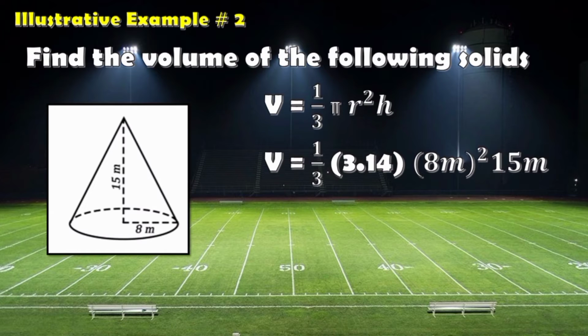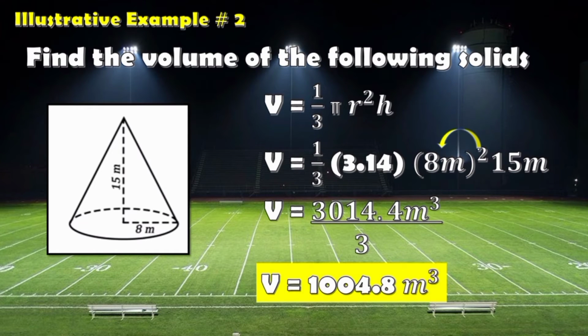Pi is 3.14, radius is 8 meters, and the height is 15 meters. First step is to double the radius, then multiply all the factors. We have 3014.4 cubic meters over 3. Reducing this to lowest term, our answer is 1004.8 cubic meters.